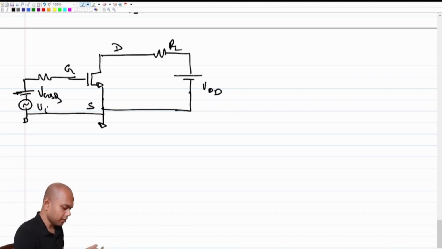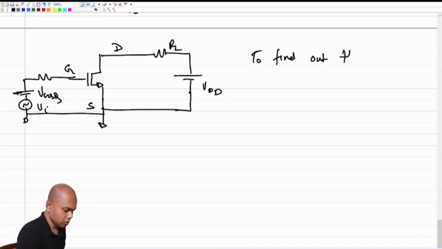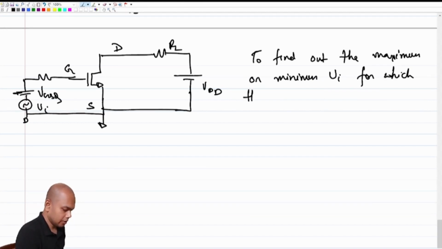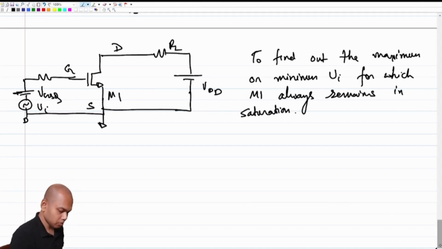If I have to find out the maximum or minimum vi for which M1 always remains sufficiently in saturation, remains in saturation. What should we do?